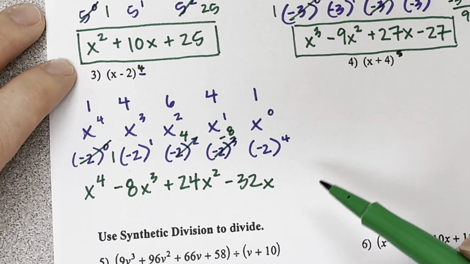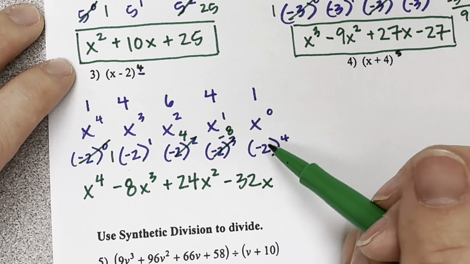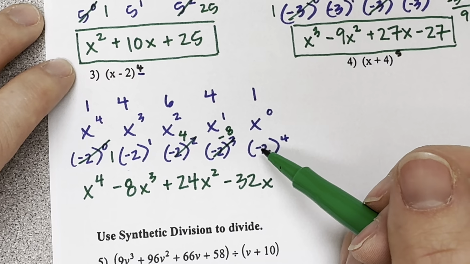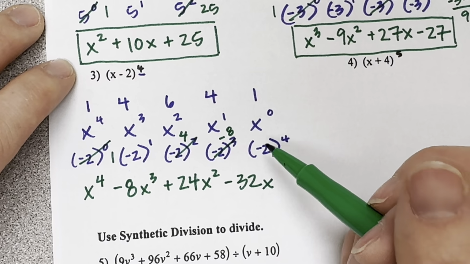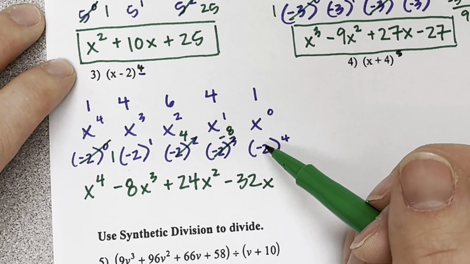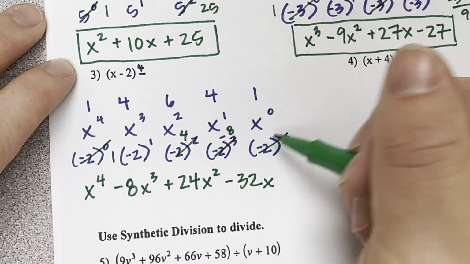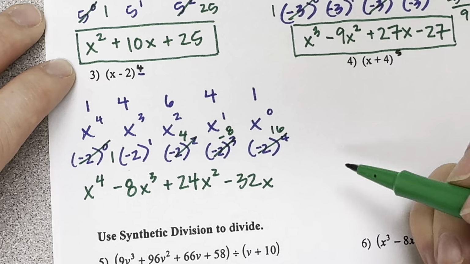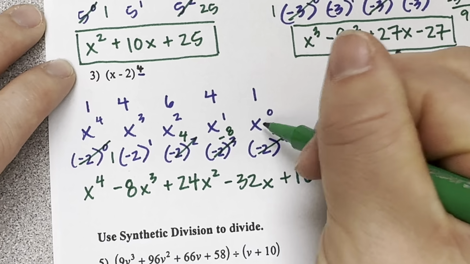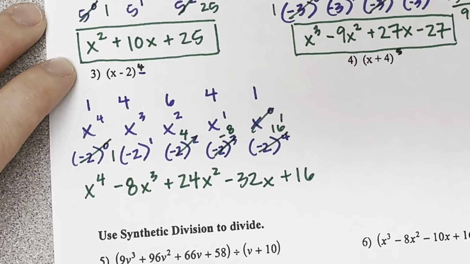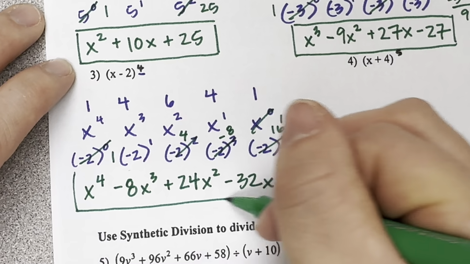Totally forgot to bring a calculator with me, that's okay. Negative 2 times negative 2 would be positive 4, times another negative 2 would be negative 8, times another negative 2 would be positive 16. And then times that 1 and times another 1, so no x is attached. And there we go.